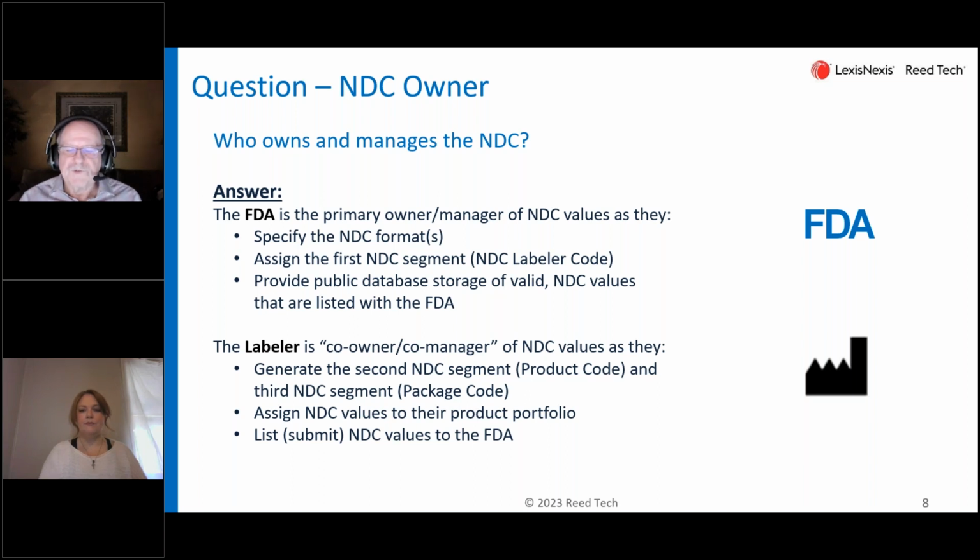And there's various levels of packaging, inner and outer. So all of those get a unique NDC number, and then they obviously need to submit those NDC values to the FDA. So there is this, I guess, dual ownership and management on the NDC.